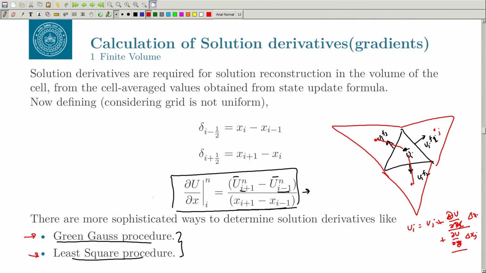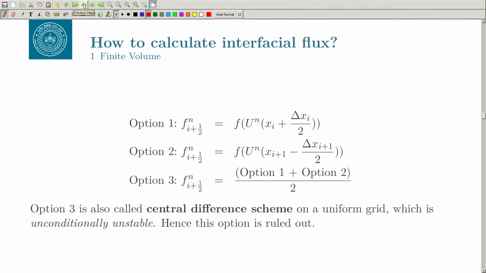So, now you got the gradient, this del u by del x, and you can calculate the value of this, let us say u at x I plus delta x I by 2, right. So, this is my I and this is I plus half, right.